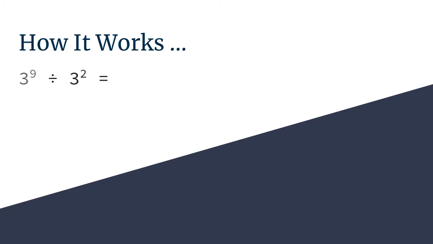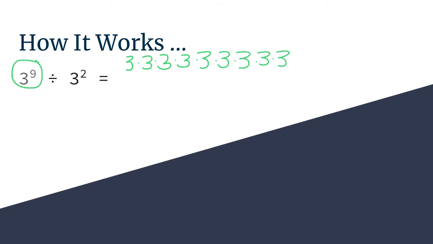As you are beginning to learn these rules, I want you to go back to the basics. So 3 to the 9th means I have a 3, my base, multiplied 9 times. Let me make sure I counted right. 1, 2, 3, 4, 5, 6, 7, 8, 9. Good.